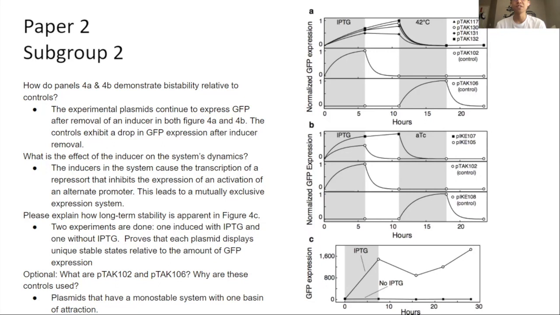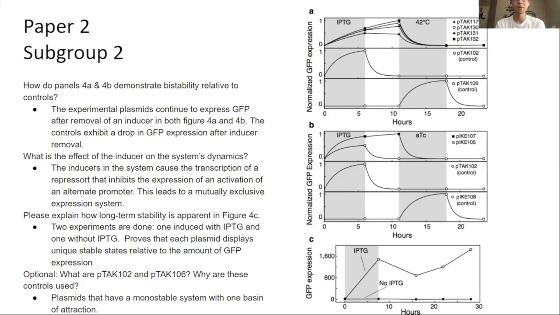PTAC 117 will either stay at low-level GFP expression without any external cues, or stay at high levels of GFP expression with an external cue, which is representative of a biological memory unit. This again provides evidence that the system is bistable due to it having two basins of attraction and two stable phenotypes. And the top line is representative of the IPTG-induced PTAC, and even after exposure to the inducer, it will still stay at high levels of GFP expression.